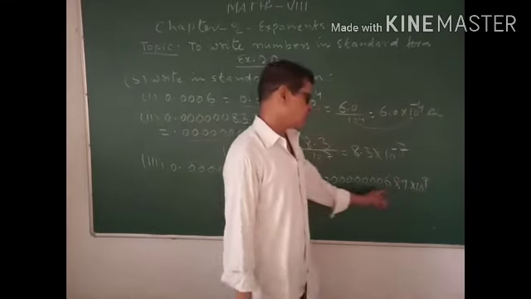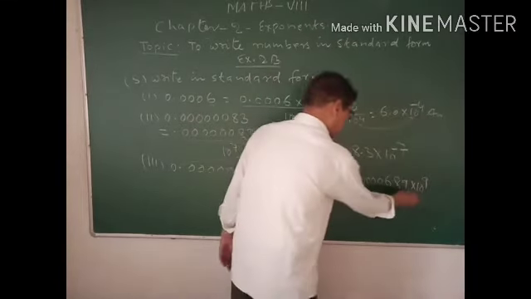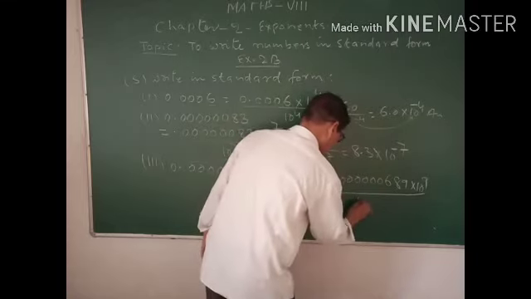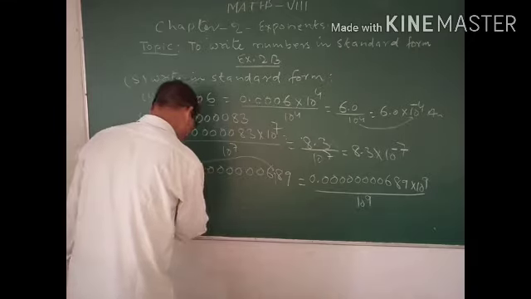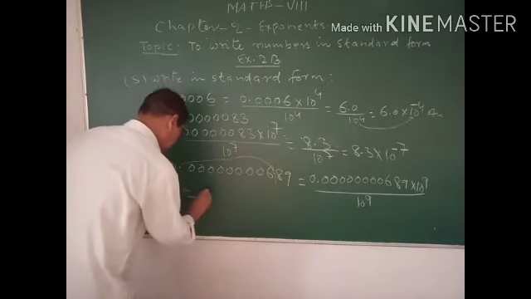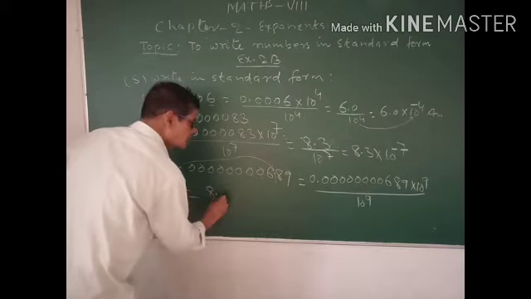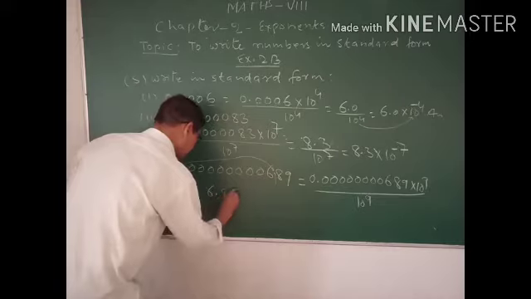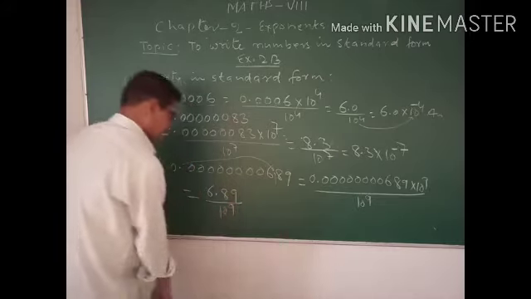Now to neutralize 10 to the power 9, divided by 10 to the power 9. What will it become? This will become 6.89 divided by 10 to the power 9.